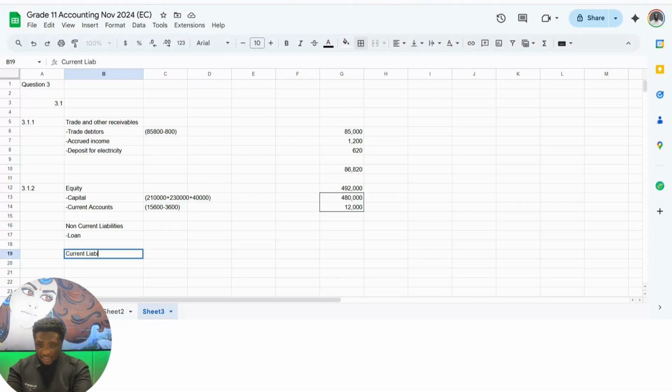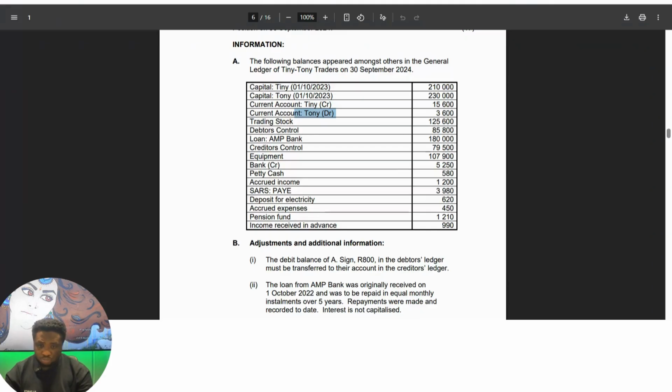So current liabilities, we'll do that. So we start with the trade and other payables, and then after that we'll do the short-term loans, bank overdrafts, and all of that. Okay, cool. Let's start quickly and sort out the loan.